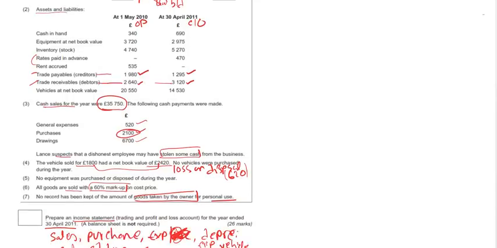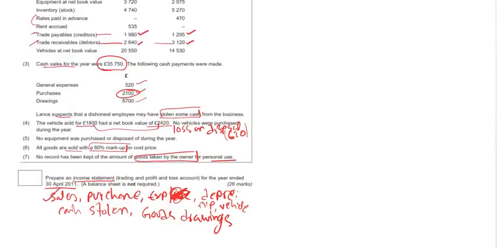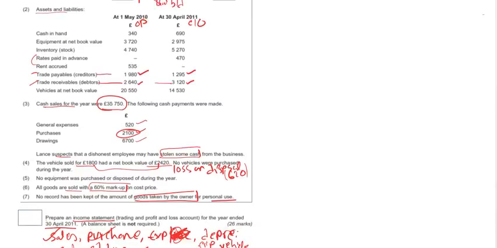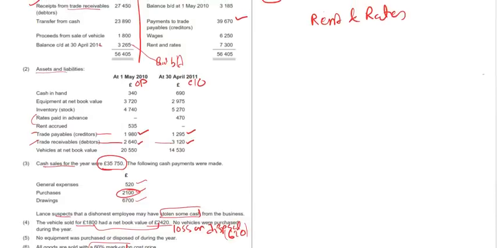Okay, number 3, rent and rates. It's an expense. We have done our sales, we have done our purchases, now expenses. I can see there is one expense, basically rent and rates together, and from the bank we have paid some rent. We have some closing rates and opening rent, advance and accrued.